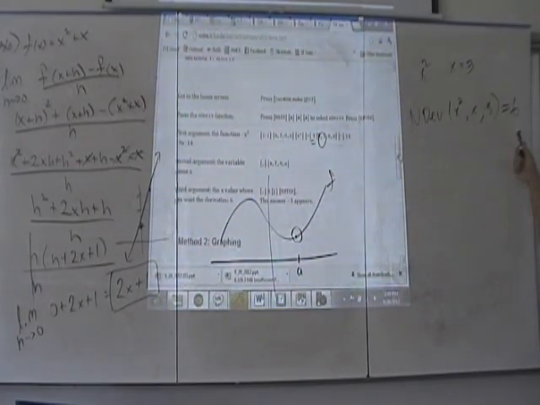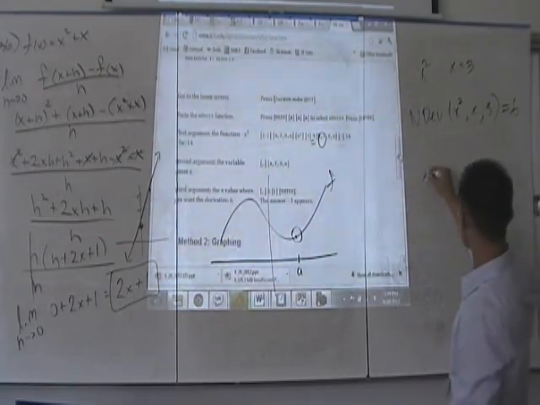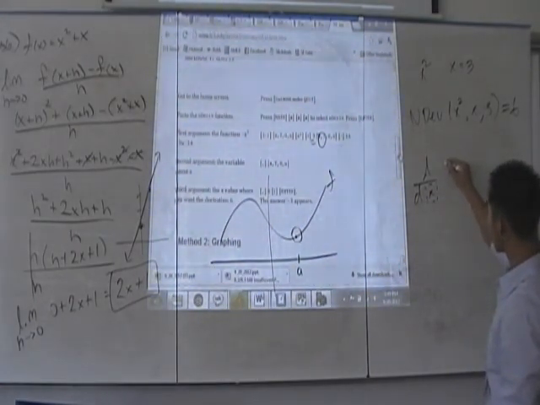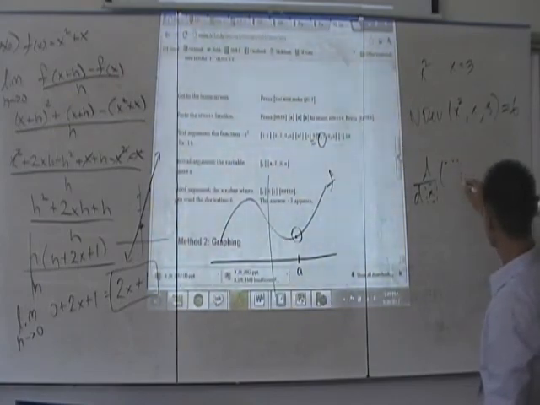That was x cubed the last time. So this is the same thing as this right here, d/dx of x squared.